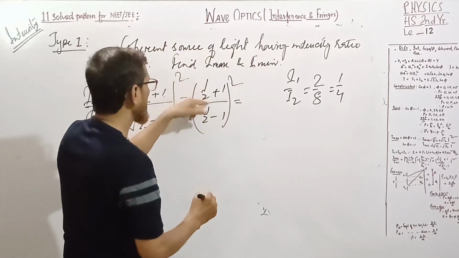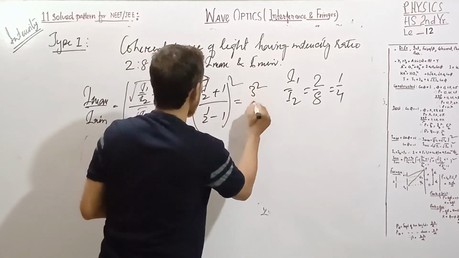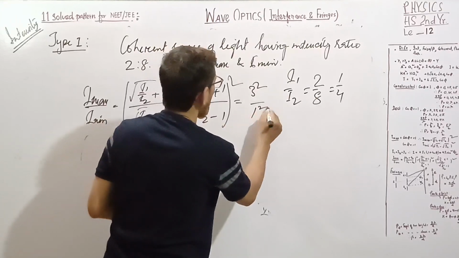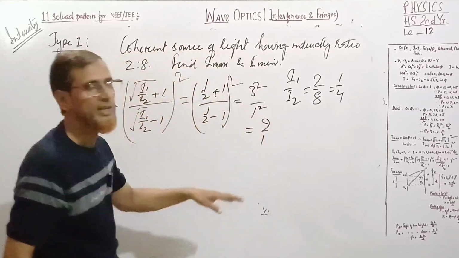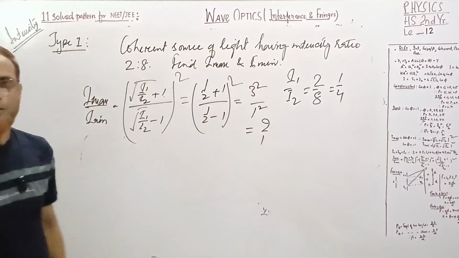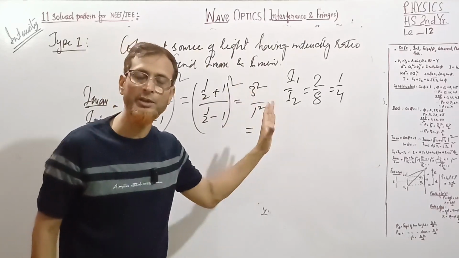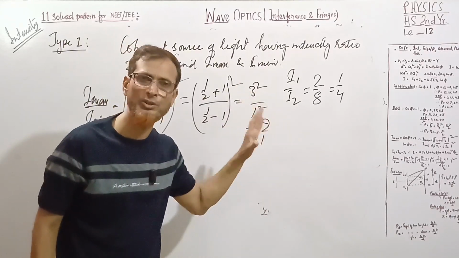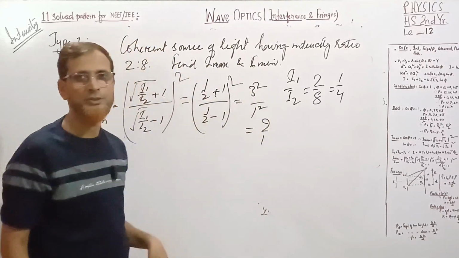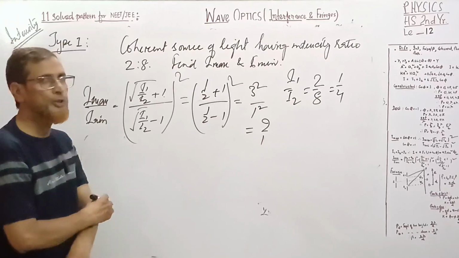This is equal to 3 square, which is 9 by 1. The answer is over. Very interesting, you can follow it manually and understand very easily. I have not gone through the details of the theoretical parts of the chapter.